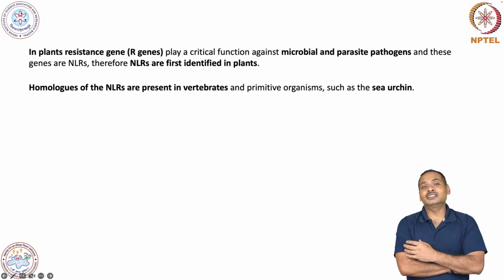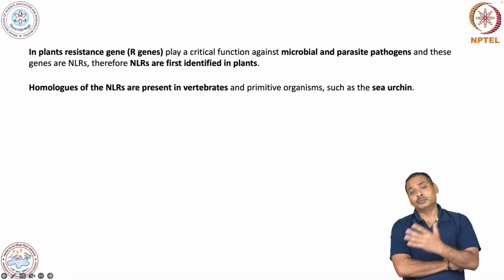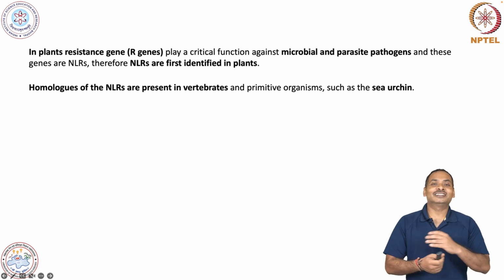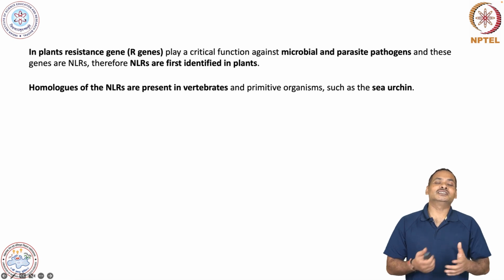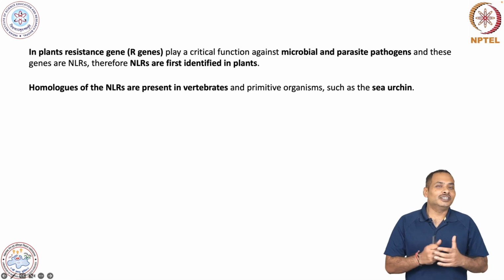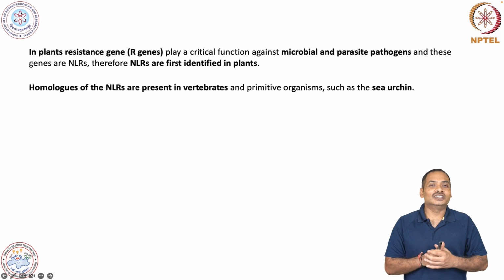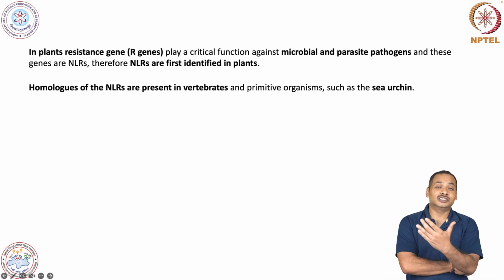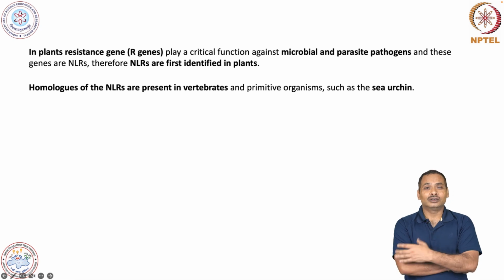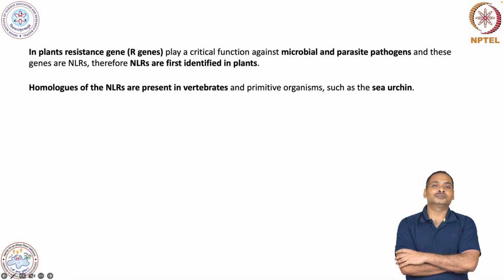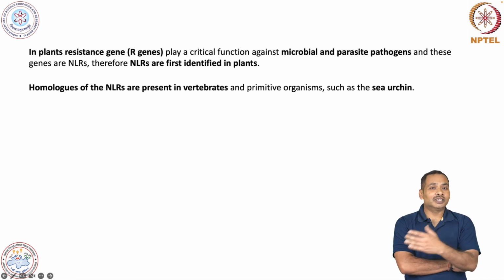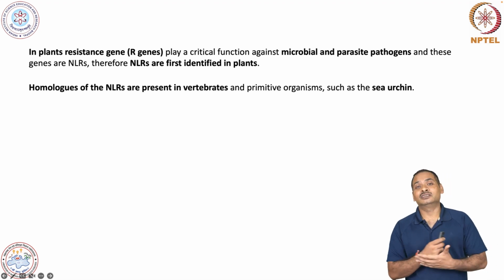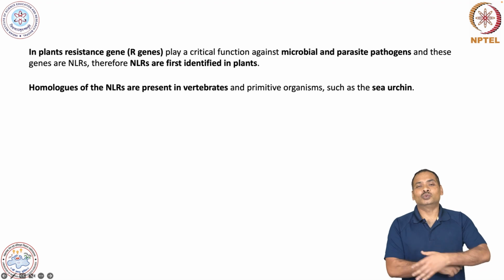And in these animals about 203 members are present. So you can understand that these proteins are very crucial for defense in these primitive organisms, like zebrafish and sea urchin, and they play a very important role in various vertebrates. It is present in almost all vertebrates.